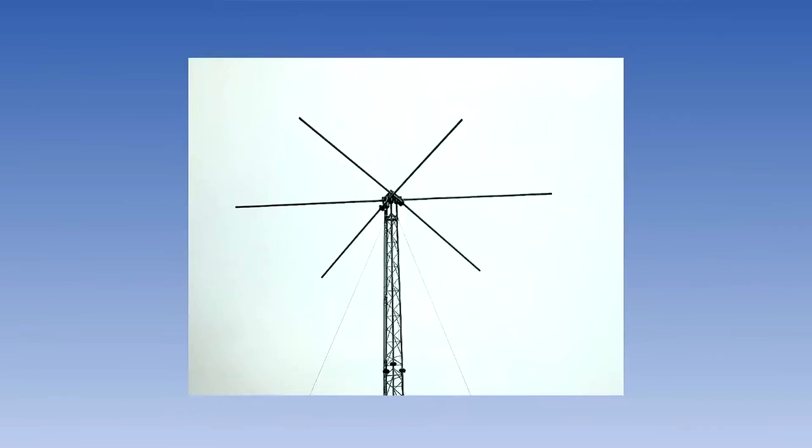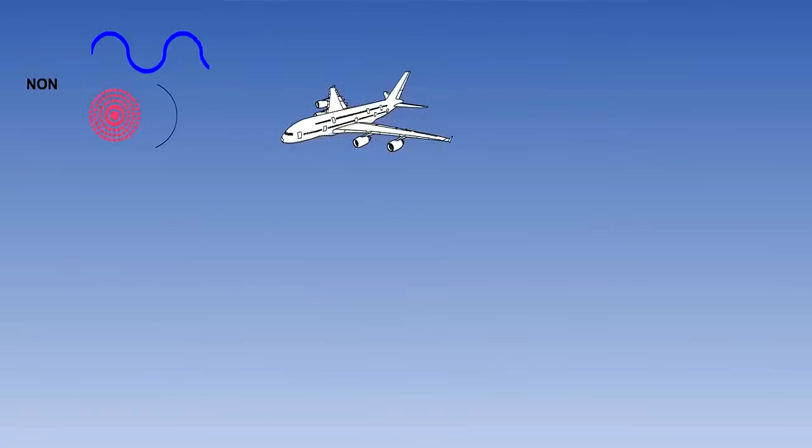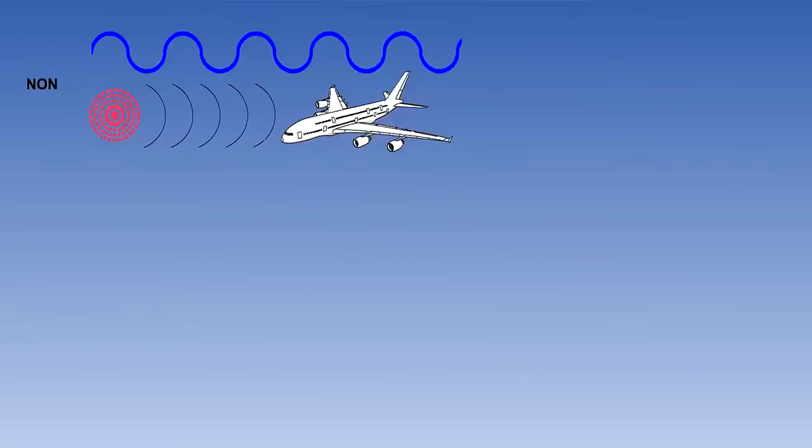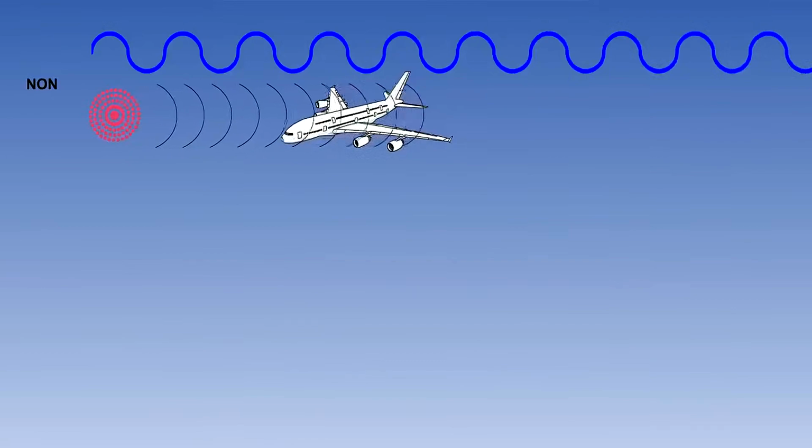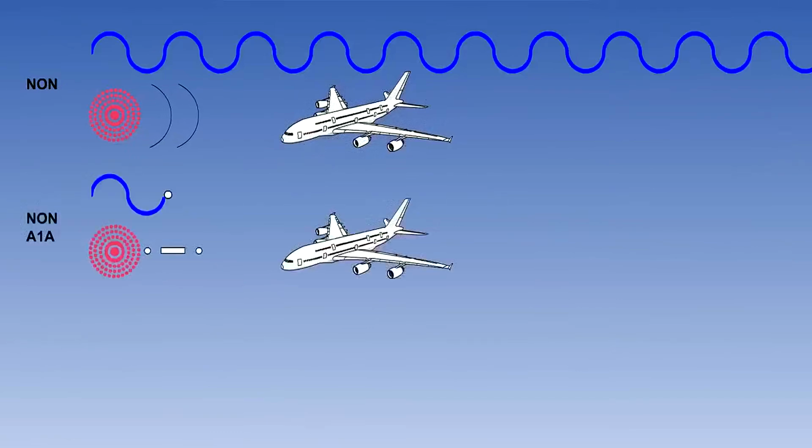Because of the reflective nature of the Earth upon the NDB ground waves, two types of modulation characteristics are commonly used for NDBs: N0N A1A and N0N A2A. The N0N part of the signal is, as we saw earlier, the continuous carrier wave, and it is ideally suited to enable the ADF equipment to establish the direction from which the signal is arriving.